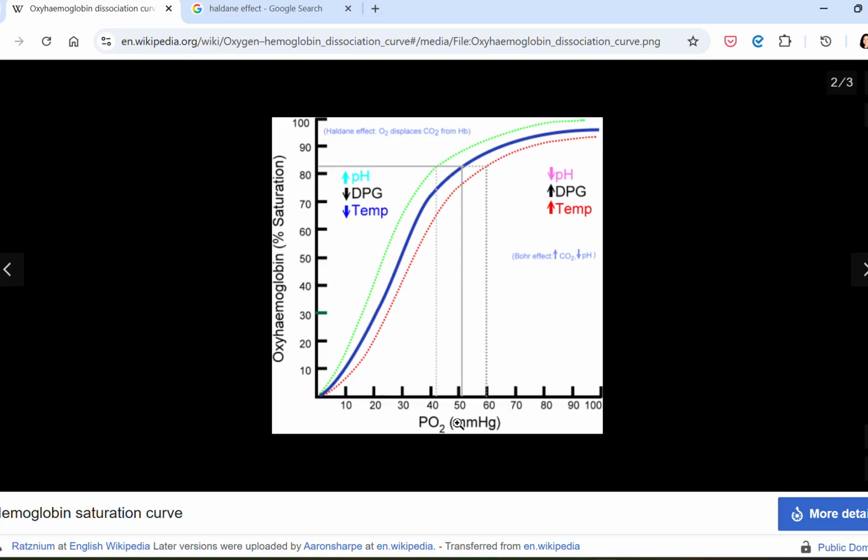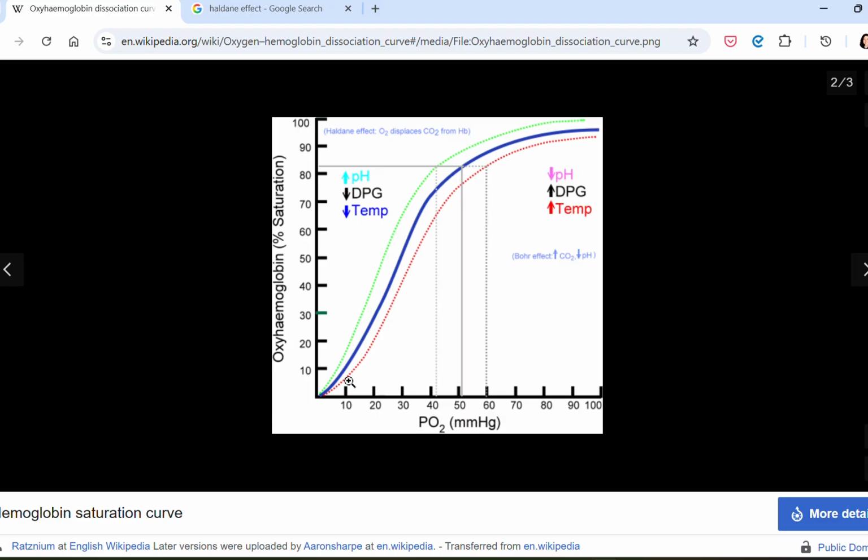And here we have the partial oxygen pressure. And we have the sigmoidal curve with decreased pH or increased temperature, or with the presence of DPG. We've seen this in the class.